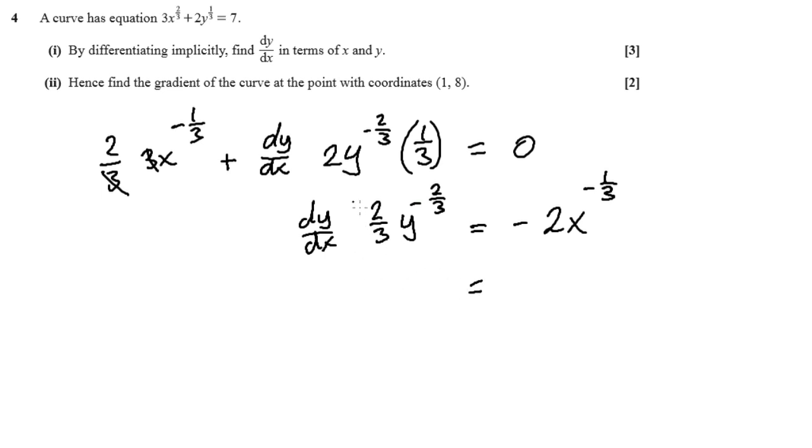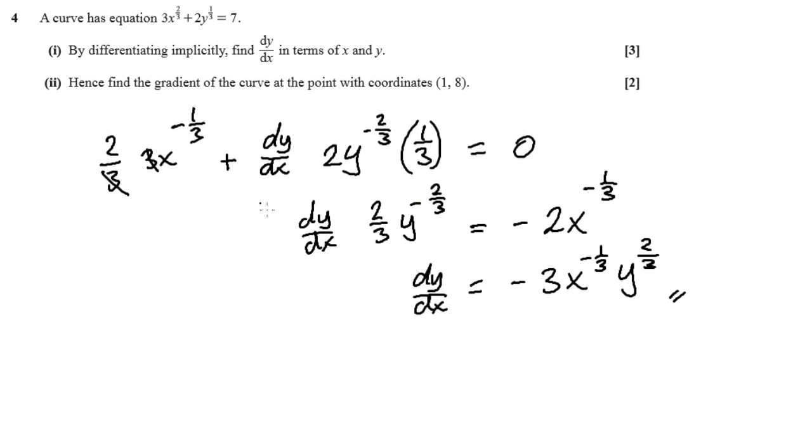And by dividing at this term, we should get dy/dx is minus 3x to the minus 1/3 over y to the 2/3. And that is the first part done.